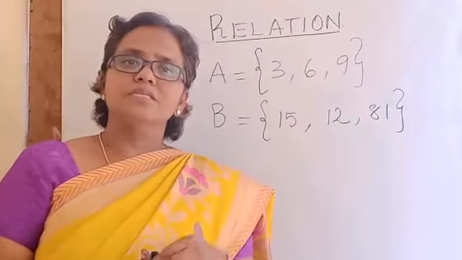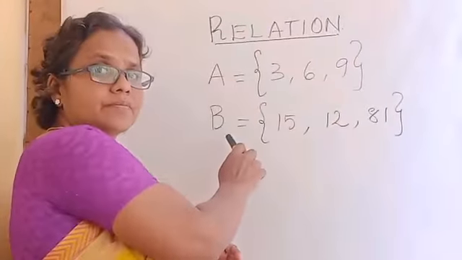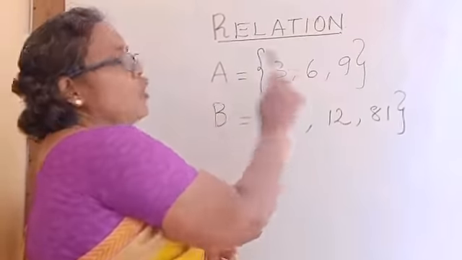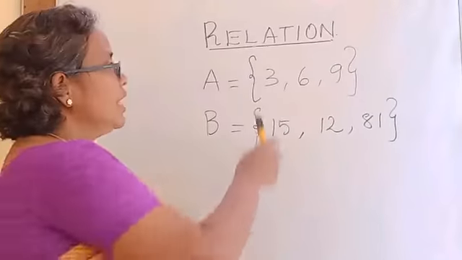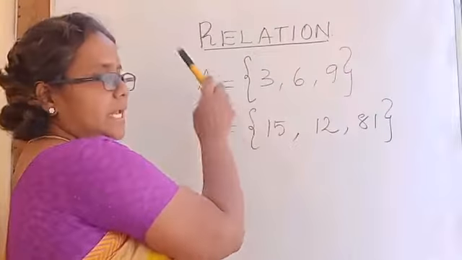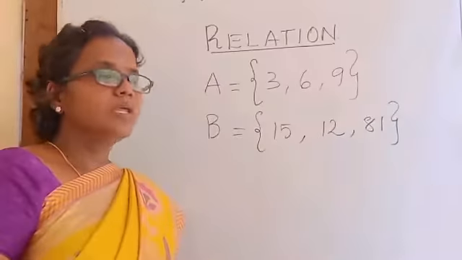These are two sets. I have written the two sets in the form of a roster form. There are 3 elements present in set A and there are 3 elements present in set B.